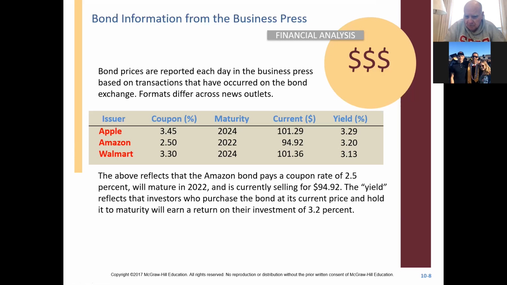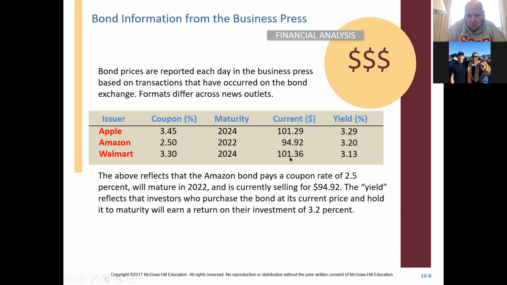My point is, and what we're going to learn in the next half hour or so, is that if people buy the Amazon bond, they're going to be willing to pay more than the $100 for it to get that 3.45% interest. Walmart doesn't pay as high, but it's still above here.